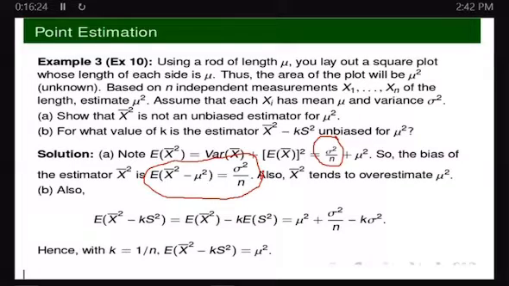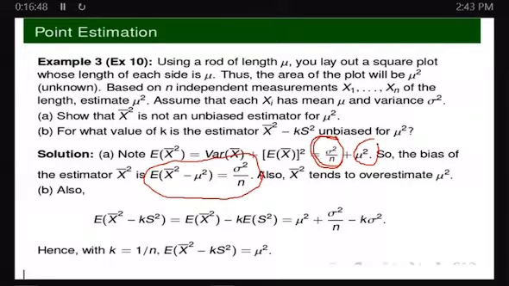If you take a look at this, you're going to see that we are adding this to the mu squared. That will lead to overestimation of mu squared. We don't want a situation where we overestimate. We don't want a situation where we underestimate. The two are not good.